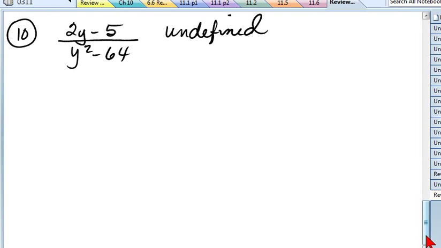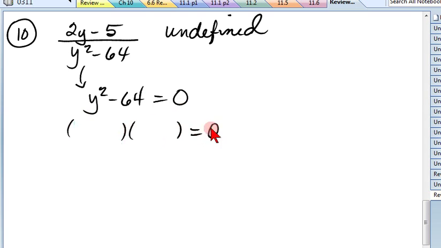When the denominator is equal to 0. So I will take y squared minus 64, set it equal to 0. I have a quadratic equation to solve, and the only technique that you would have known at the time this was happening was factoring. It's also perhaps the easiest.